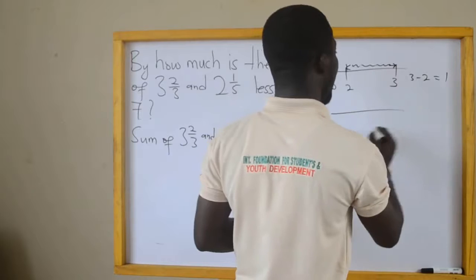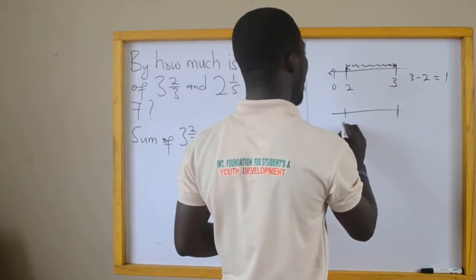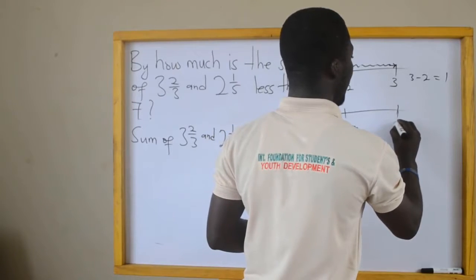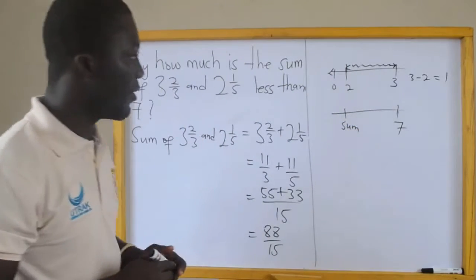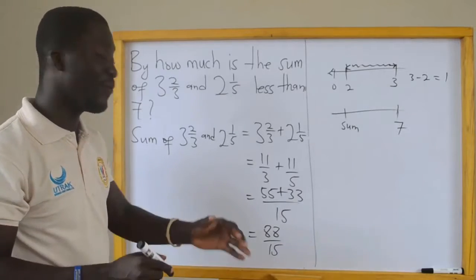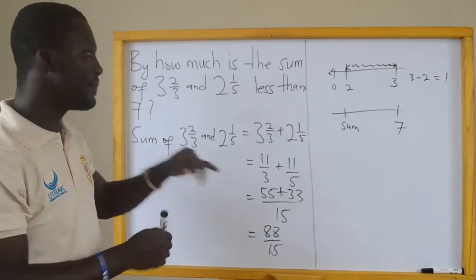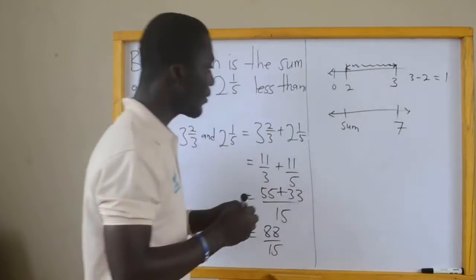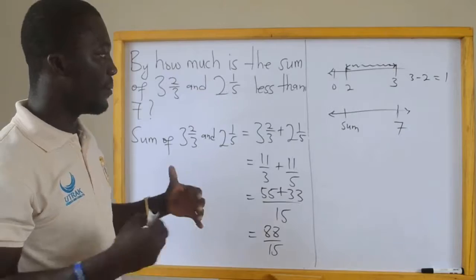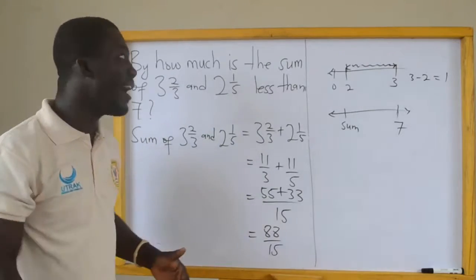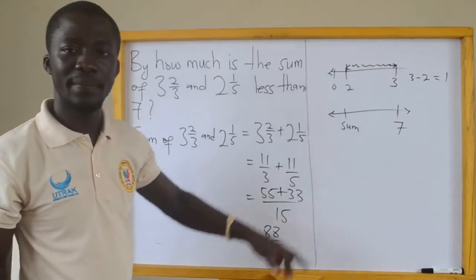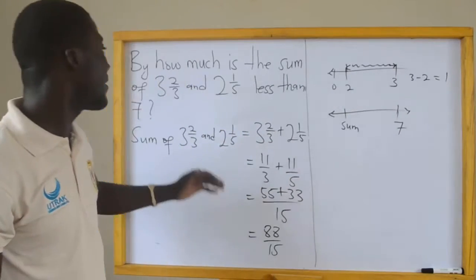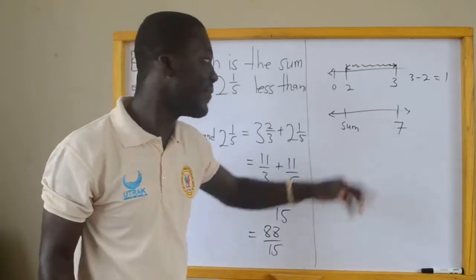So assuming this is our number line, we have our sum here and we have our 7 here. Always, numbers that are lesser go to the left side of the real line. So now I'm asking the question again: by how much is this sum less than 7?